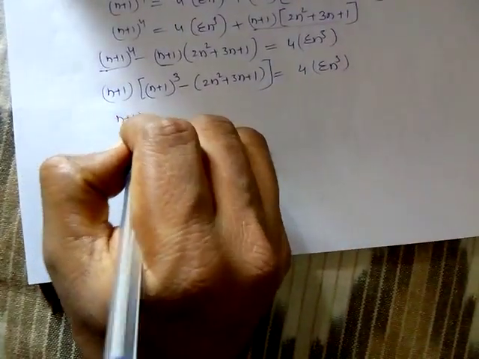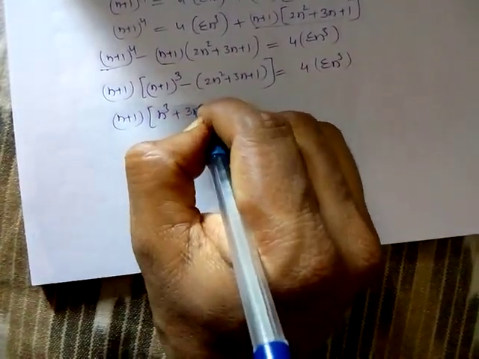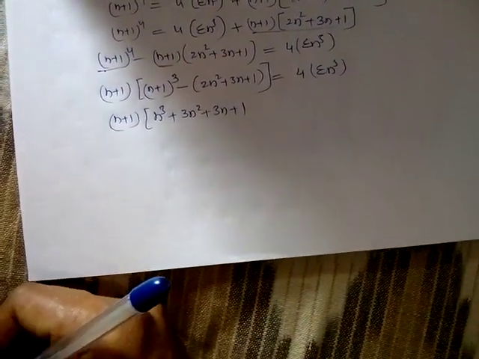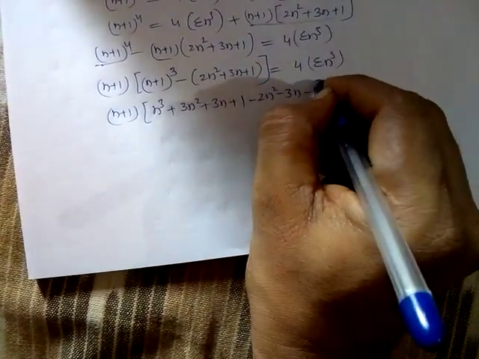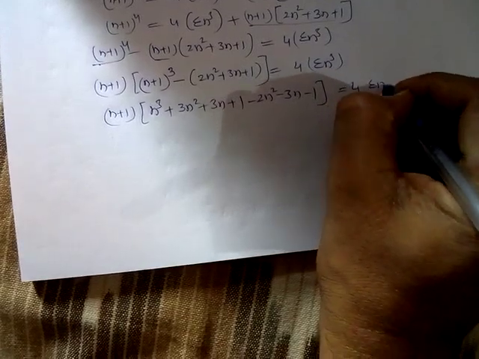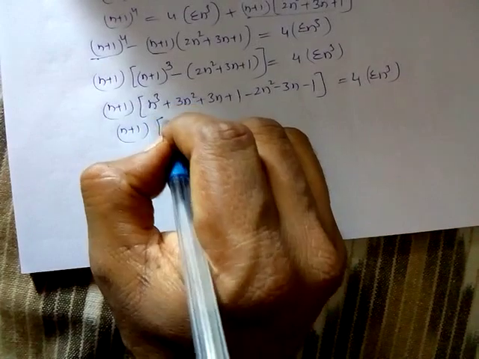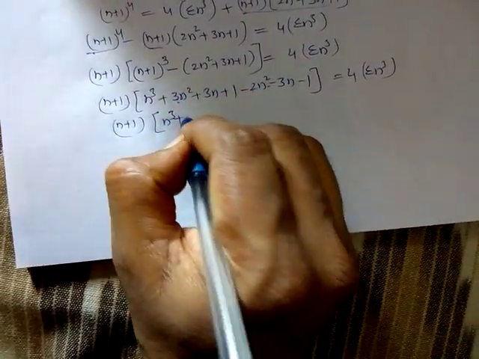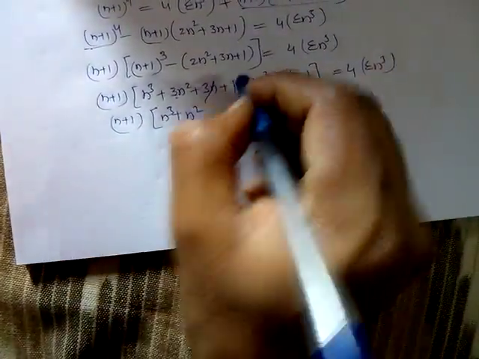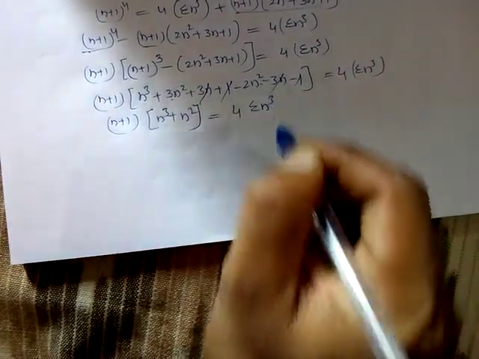So (n+1) into, using (a+b) whole cube is a cube plus 3a square b plus 3ab square plus b cube, we get n cube plus 3n square plus 3n plus 1 minus 2n square minus 3n minus 1, that is equal to 4 into sigma n cube. So (n+1) into n cube, 3n square minus 2n square is n square, plus 3n minus 3n cancel, plus 1 minus 1 cancel. So that is equal to 4 into sigma n cube.